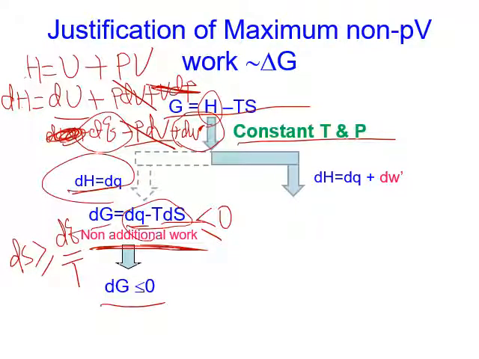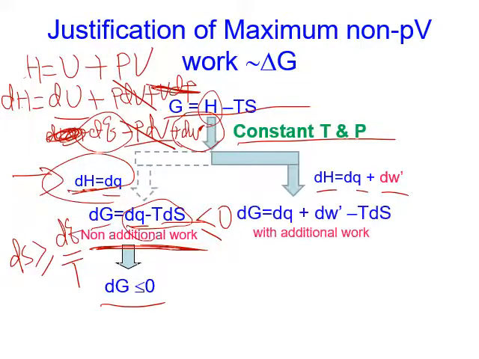Compared to the left side, if you only have work due to the volume change, then the enthalpy change is heat. But here, the enthalpy change is heat plus additional work, the work not due to the volume change. So now we calculate delta G. Delta G equals delta H, which is dQ plus dW prime, minus TdS.